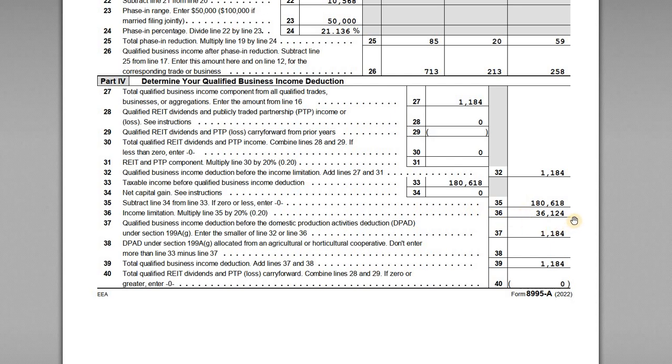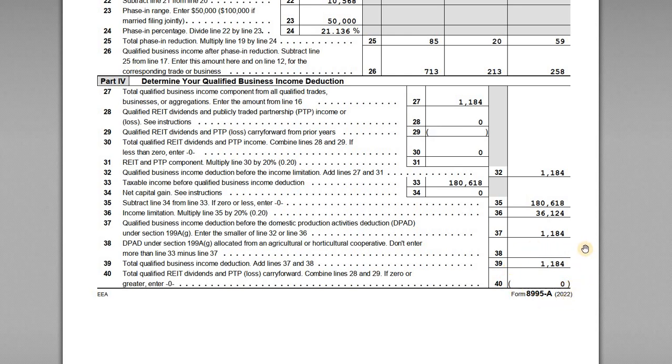And we have our 20% value here as $36,124, and clearly our 1184 QBI deduction is significantly less than the $36,000 cap. So we will be able to claim the full $1,184 deduction. We won't have this 20% limitation on taxable income.